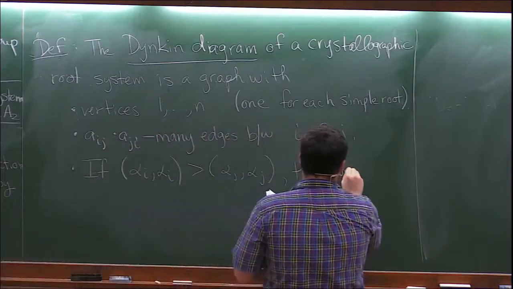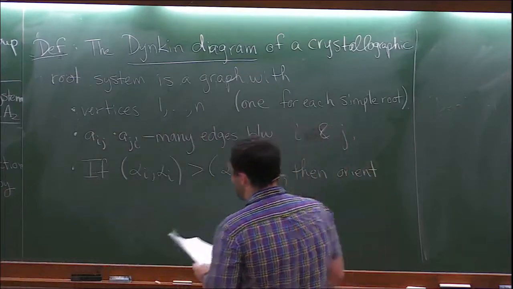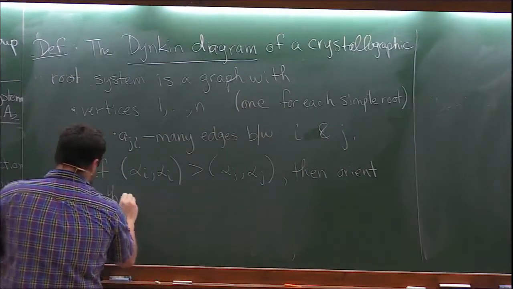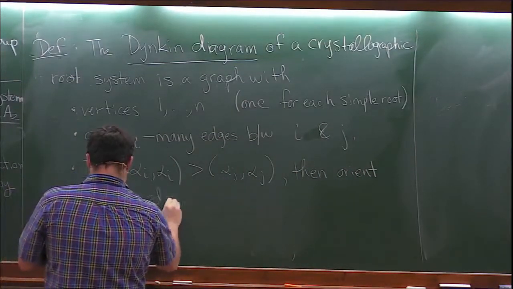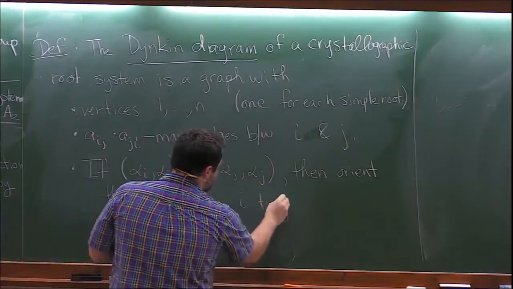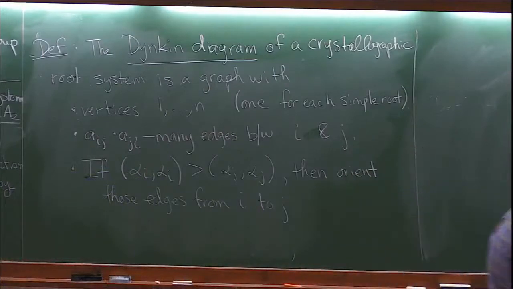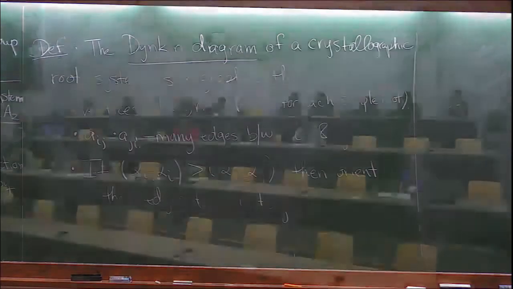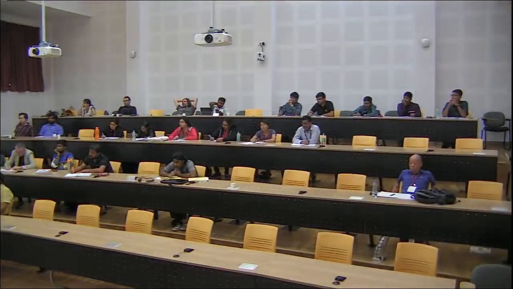Then I orient those edges from i to j. If the edges are not oriented, it means that they're the same length. Like I showed you this example of B2, I drew a root system of type B2. And as Amihai said, C2 is very similar.